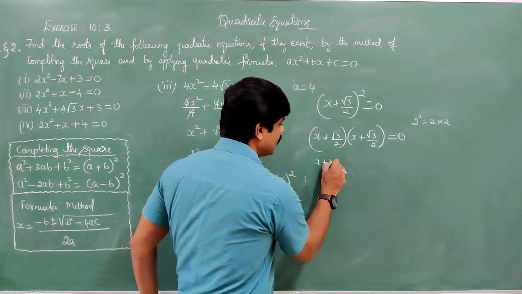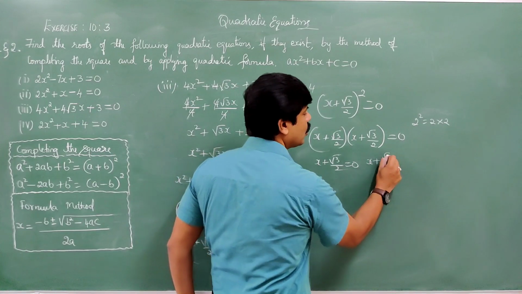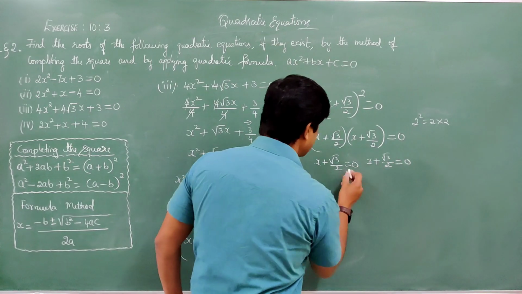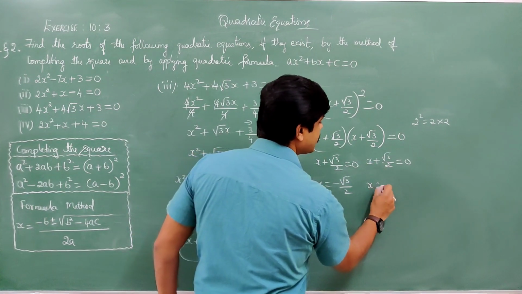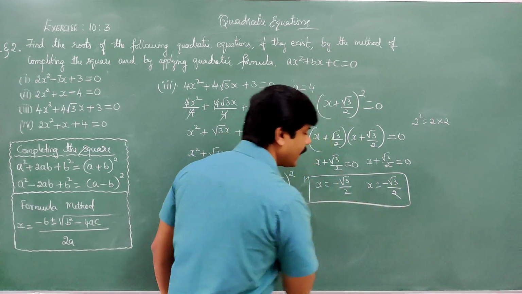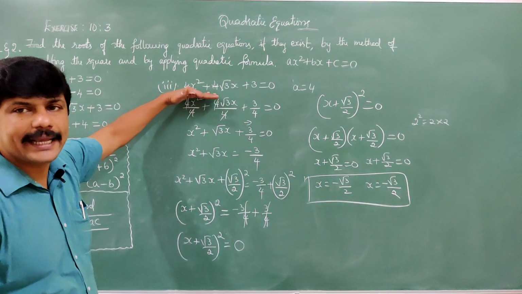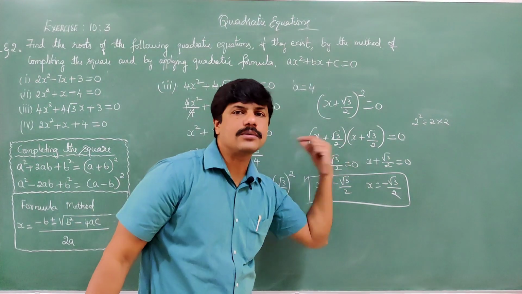x plus root 3 by 2 equals 0. x plus root 3 by 2 equals 0. Transfer to the other side. x is equal to minus root 3 by 2. And here also x is equal to minus root 3 by 2. Both the roots are here. Both the roots of this quadratic equation are minus root 3 by 2, minus root 3 by 2. Okay.